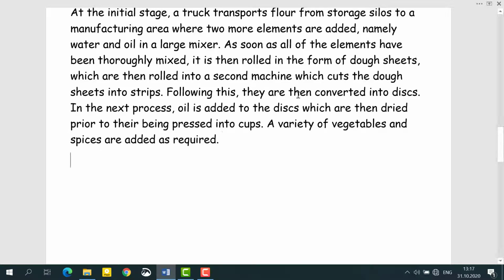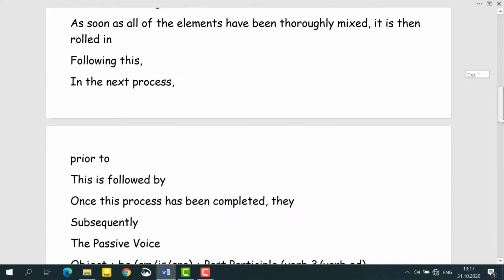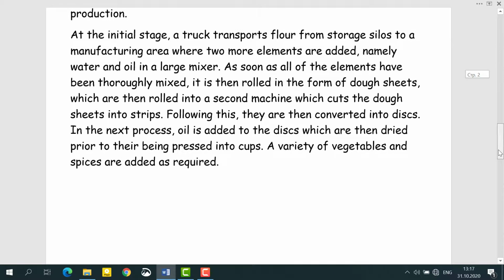Okay, so in this case, a variety of means different vegetables and spices are added as required. As required means as necessary. Now look at this carefully. We have vegetables, we have spices, okay, and we are using this sentence to indicate this process, are added as required.